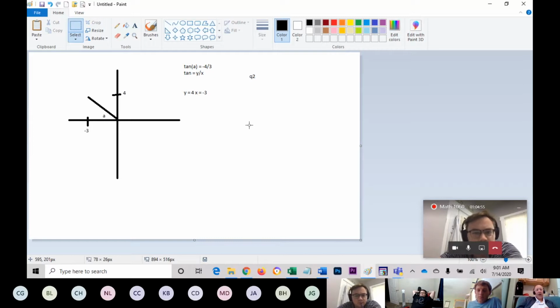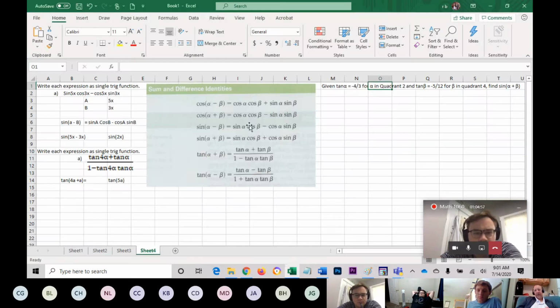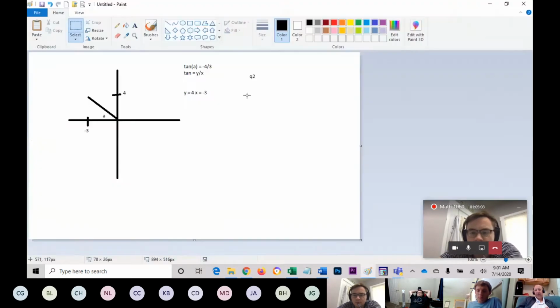Now let's go back to here. We've got the tangent of beta equals negative 5/12, and we're in quadrant 4. I'll draw a different size angle here. It could be over here or here, I don't know, but for now I'll just draw it there.